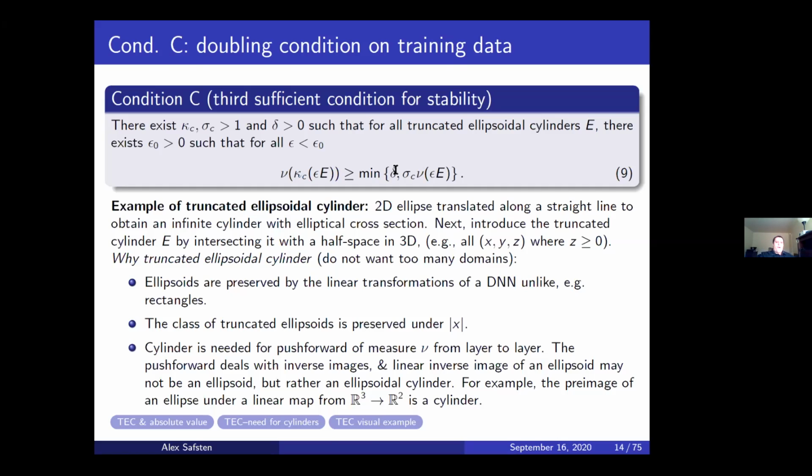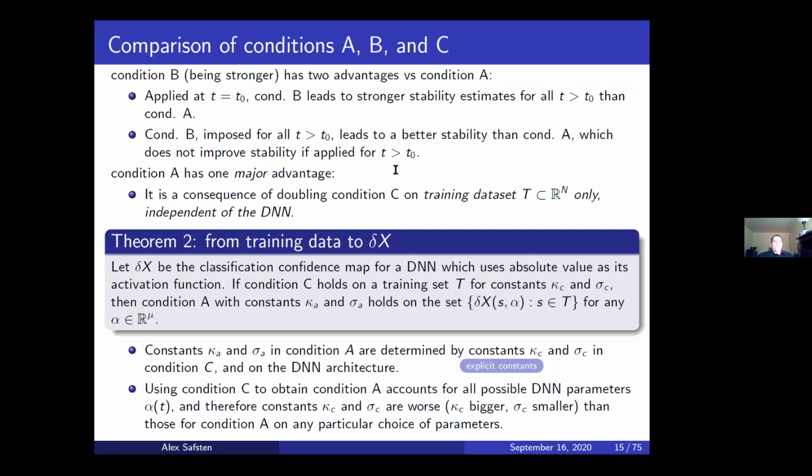So let us compare these three conditions. First, we'll compare conditions A and B because they are similar. They're both conditions about the delta x values. So condition B is the purportedly stronger condition. And so therefore, it has two advantages over condition A. If we apply condition B at time t0, condition B leads to a stronger stability result, and that is for all times t greater than t0.